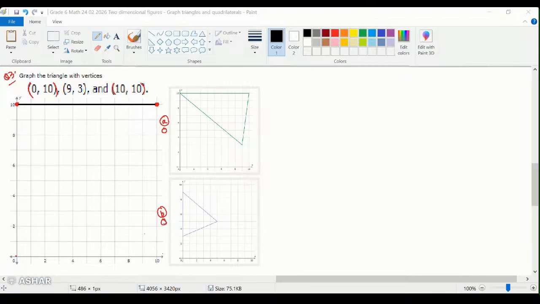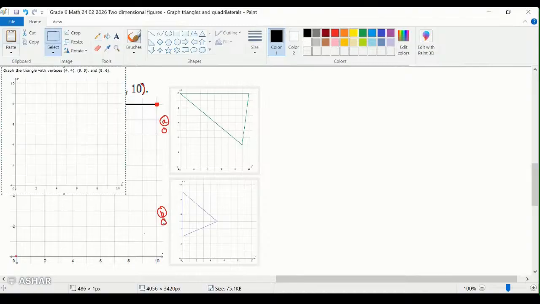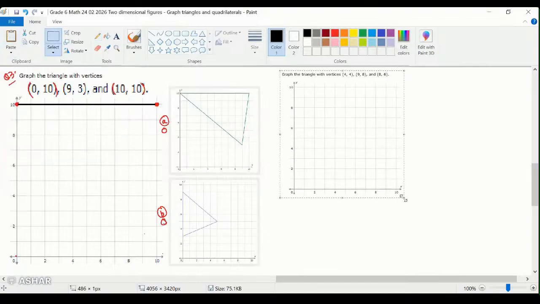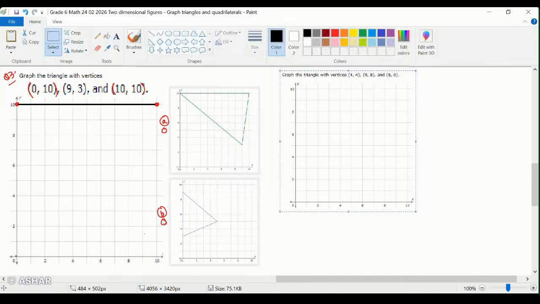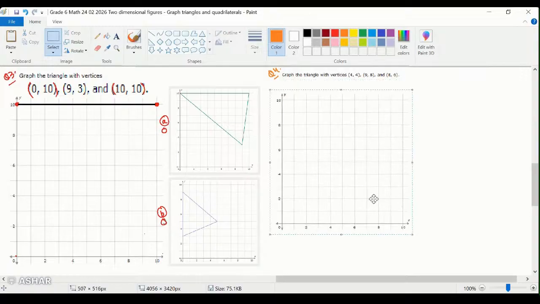What is the answer for question number 3? Sure, 3B. That's why I'm not moving ahead. I'm waiting for you people to answer.